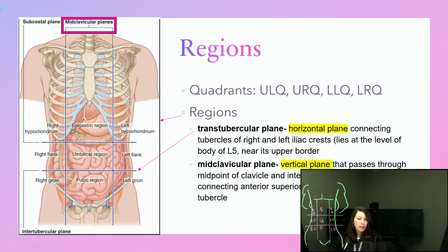You can see your transverse colon passing through that epigastric region, and of course, parts of your liver. Now, your umbilical region is mostly going to be small intestine, versus, for example, the right groin where you have most of the cecum, etc. So these regions help to locate these specific organs.